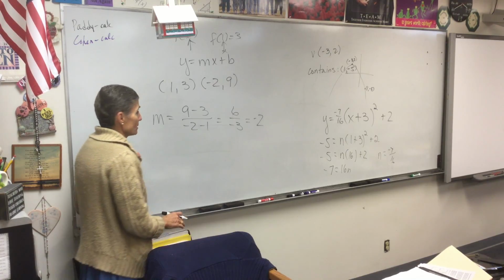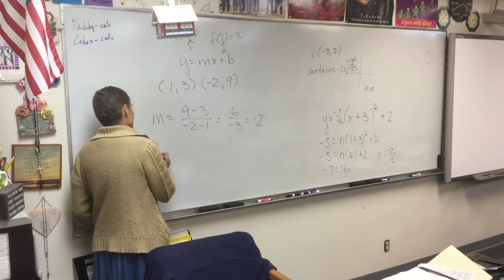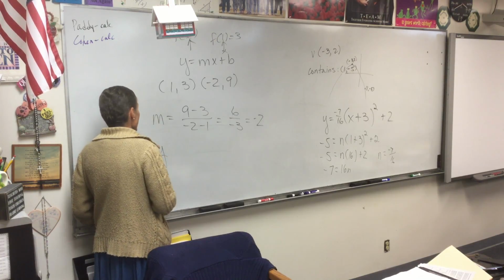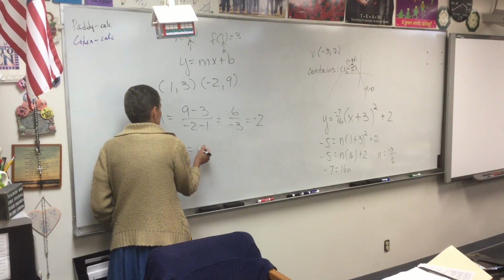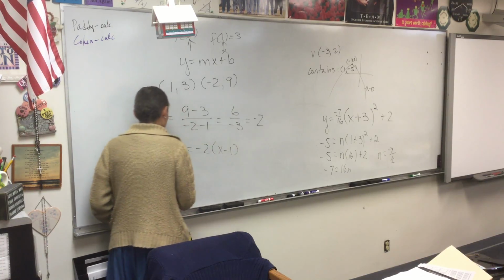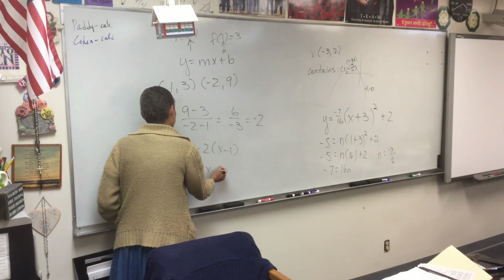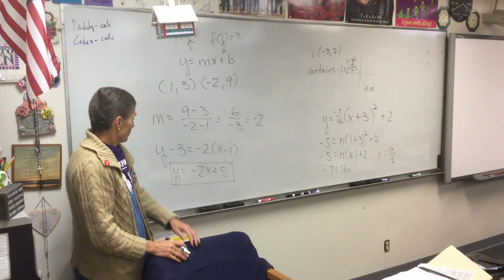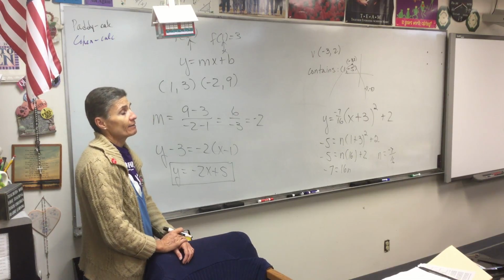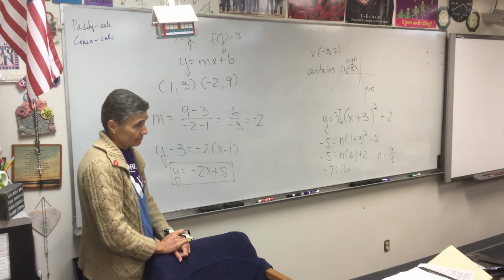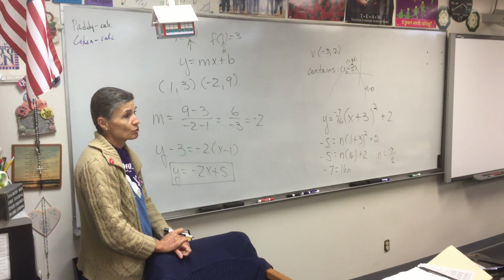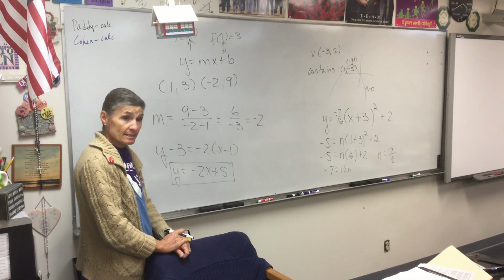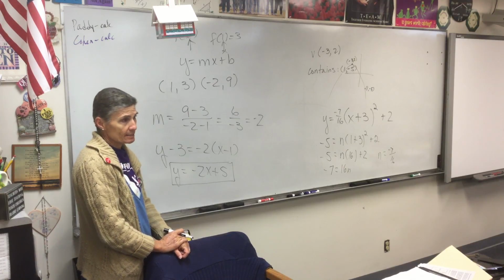So then we use point-slope or slope-intercept. I don't care, it doesn't matter. I'm a point-slope person, so I will do it this way, but we're going to end up with exactly the same answer. Y equals -2x plus 5 is the answer. If you're doing it the other way, you should get b equals 5. That one's easy. It's always easy.